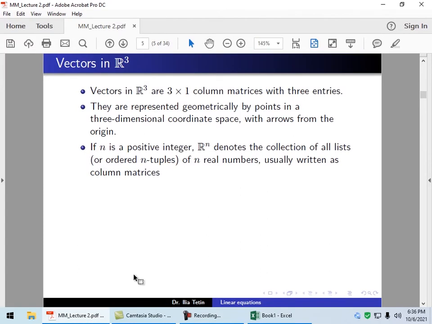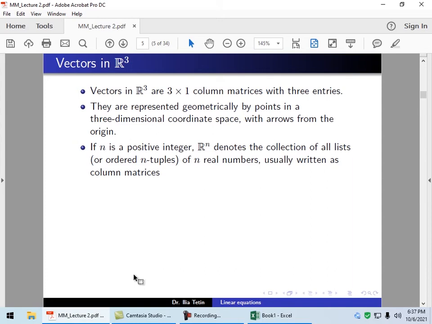So vectors in higher dimensions. Previously we were considering vectors which contain 2 entries. Now the vector contains 3 entries. So instead of 3 and 2, it will be 1, 2, 3, or 3, 6, 5, and so on. So 3 entries inside the column.